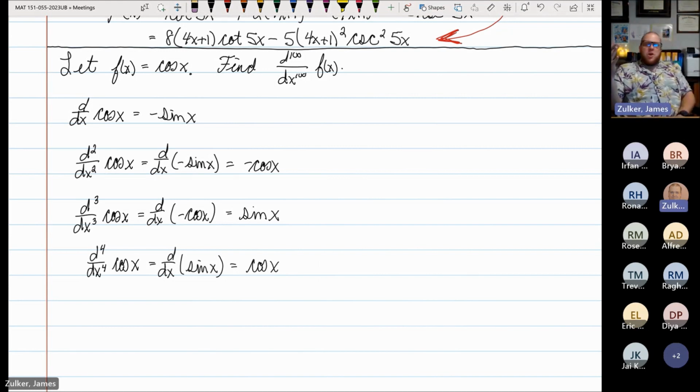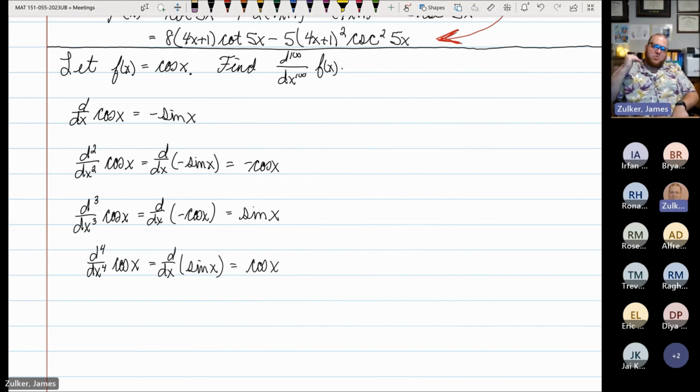So the derivative of cosine is, for lack of a better word, I guess, periodic, right? The derivatives repeat.